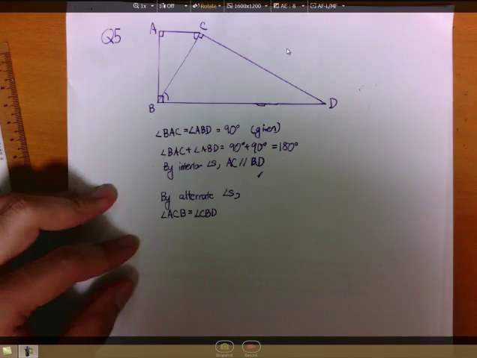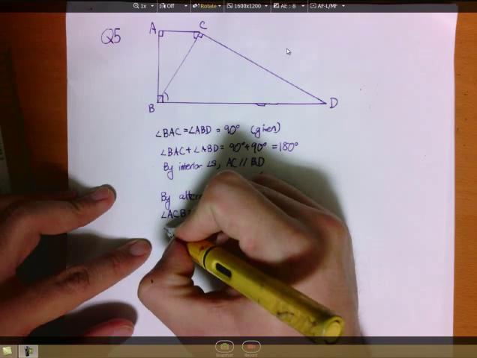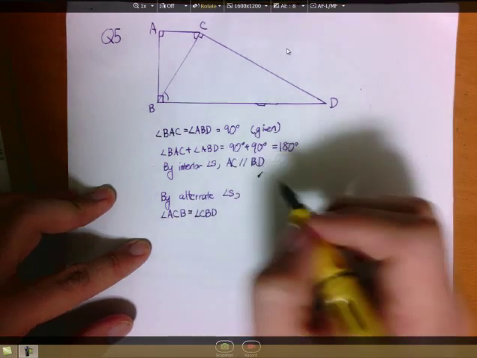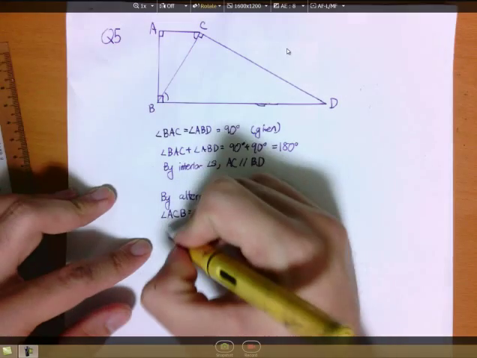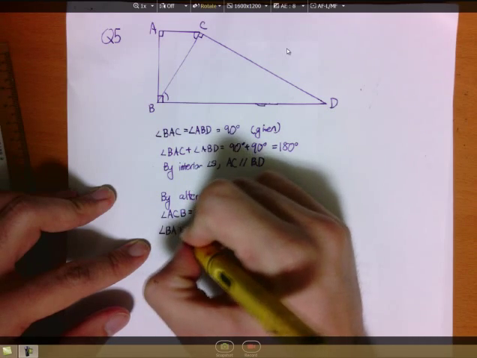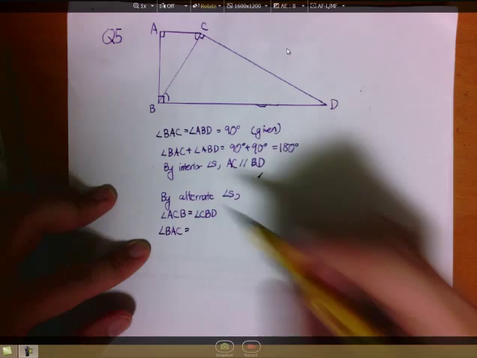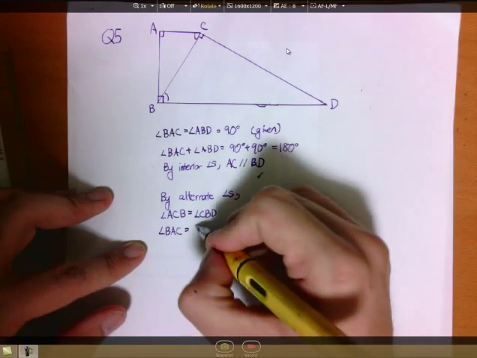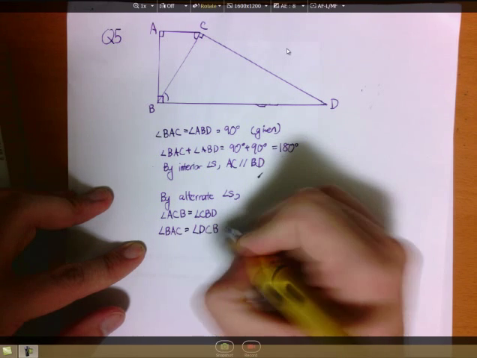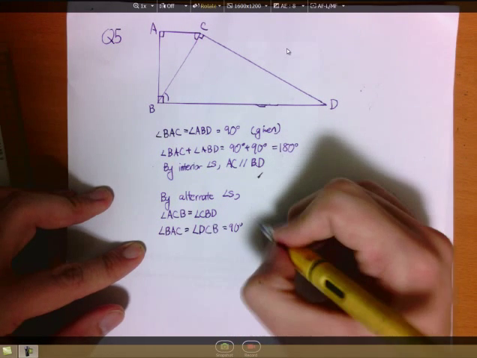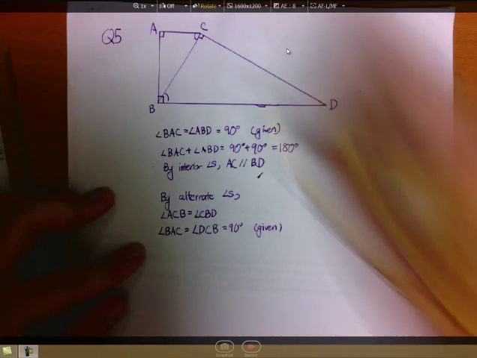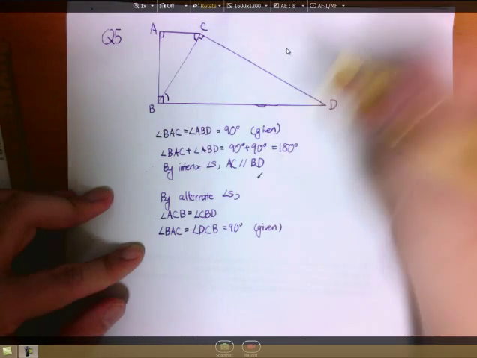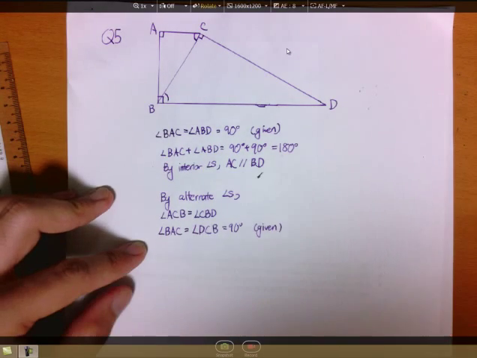I will actually have to say that angle BAC is equal to angle DCB. Angle BAC is 90 degrees, equal to angle DCB, which is equal to 90 degrees, given. So these two angles are equal and then these two angles are equal.